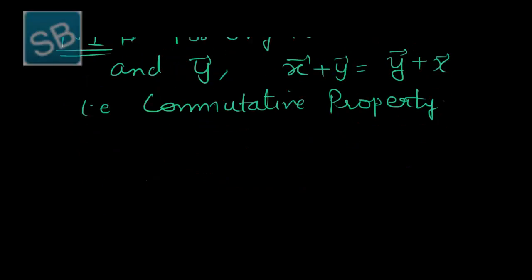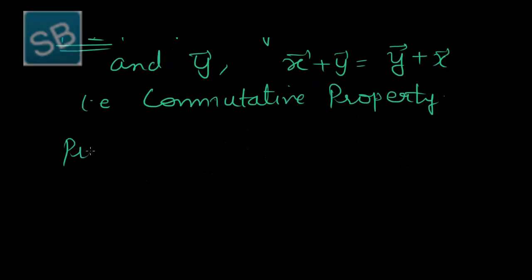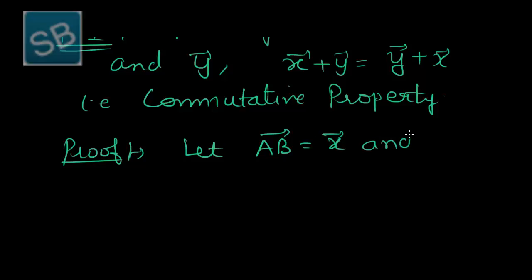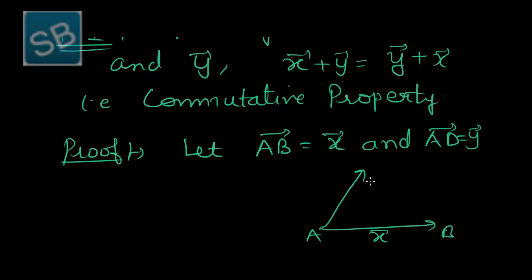Now let AB be represented by vector x and AD be represented by vector y, such that this is AB and this is AD.